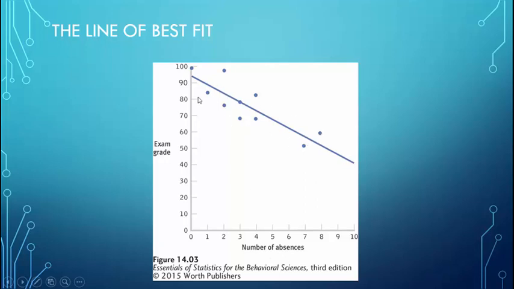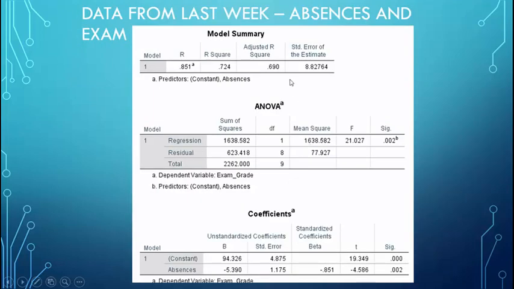It gives us some way to predict that as people missed less classes, they have higher grades, and as people missed more classes, their grades are lower, but it's not a perfect correlation. So that's what this R squared in your model summary gives you. It's the effect size.